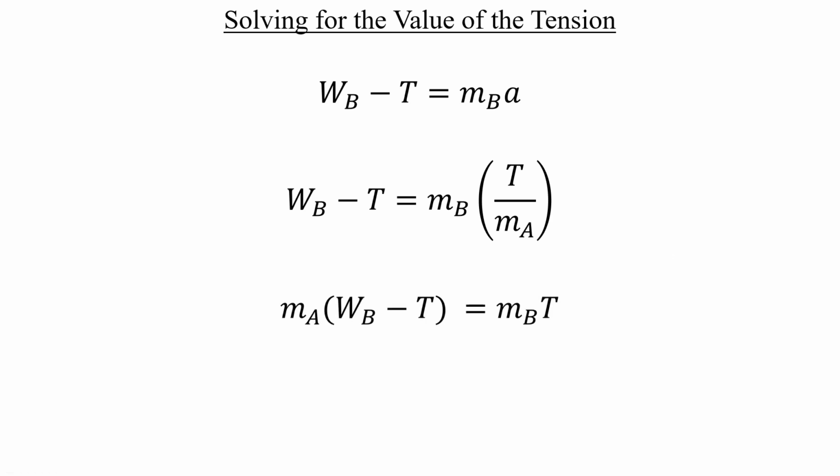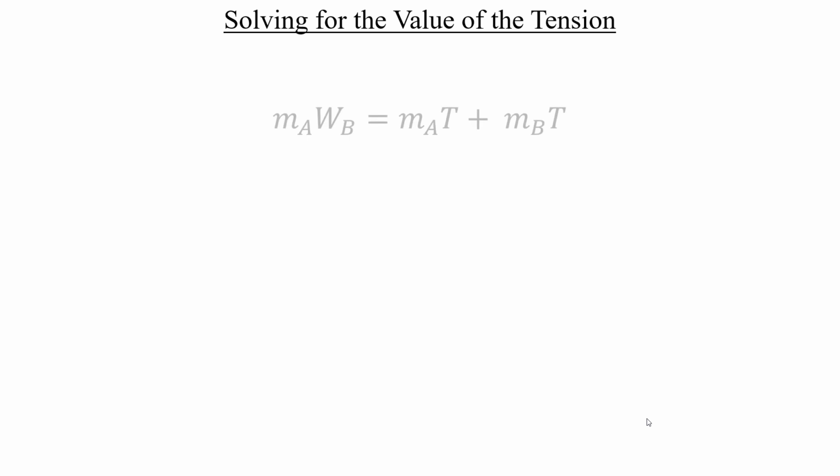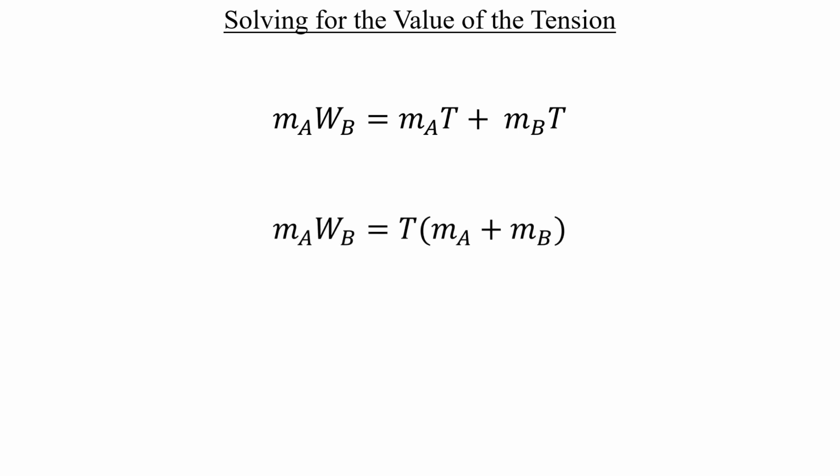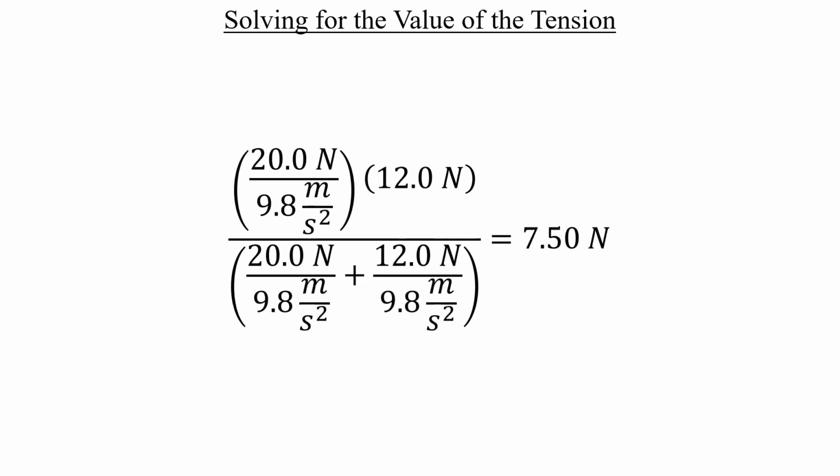Go ahead and distribute that mass in on the left-hand side, and at this point we can move the term with tension in it over to the other side, which places all the tension terms together on the right-hand side, and we can factor it out. Divide both sides by the sum of masses on the right, and now we've got it. When you plug the numbers into your calculator, you should get exactly 7.5 newtons for the value of that force.